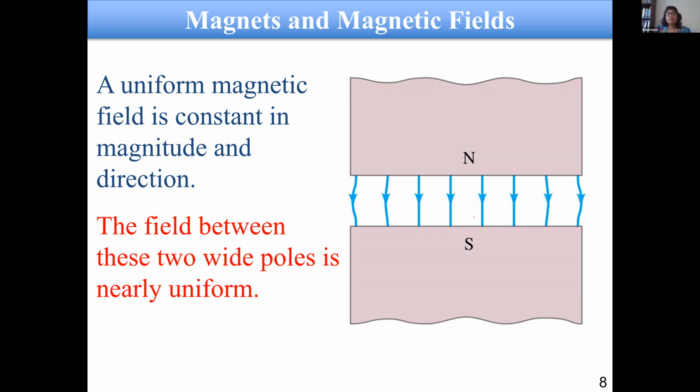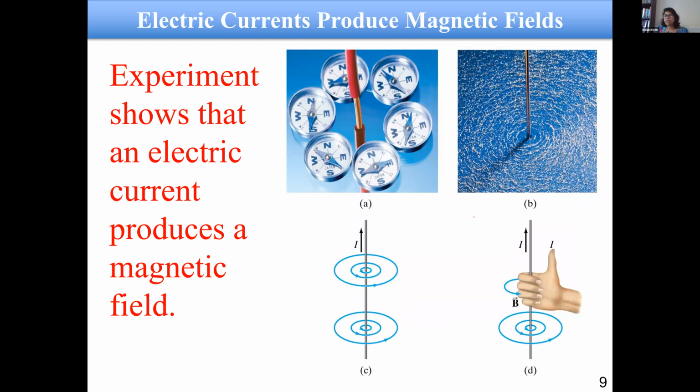So magnets definitely can create a magnetic field. In addition, a magnetic field can be created by using a current-carrying wire. Say this is a wire carrying current in the upward direction.